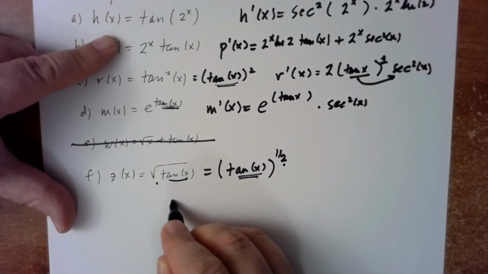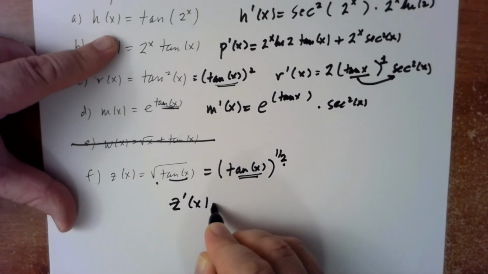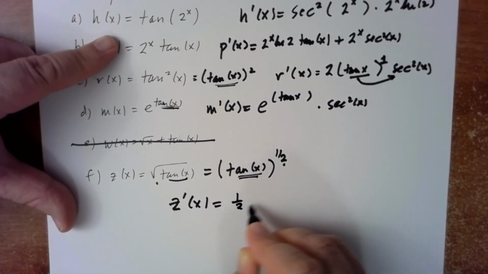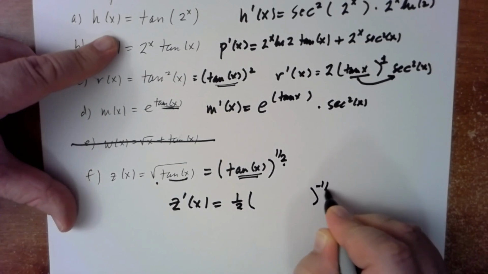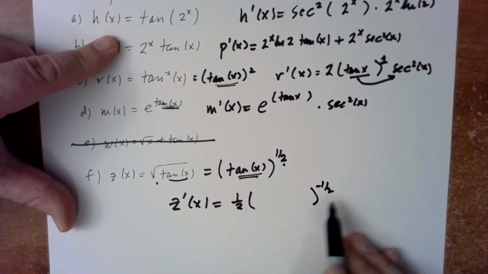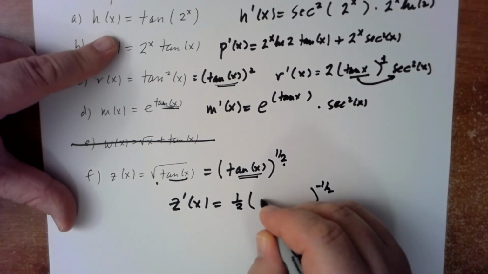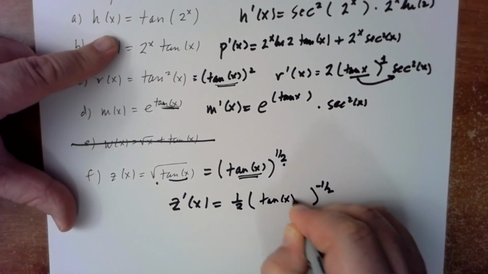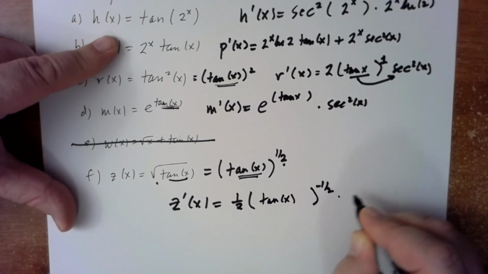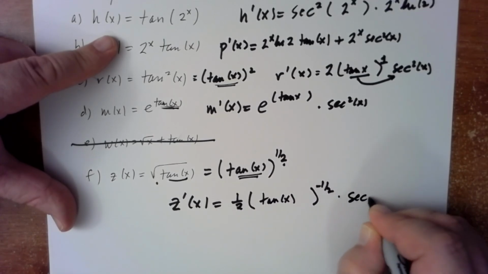And so my derivative then is going to be, I take the derivative of the square root function first, just by using the power rule. And now I put my inside function in here, and then I multiply everything by the derivative of my inside function.